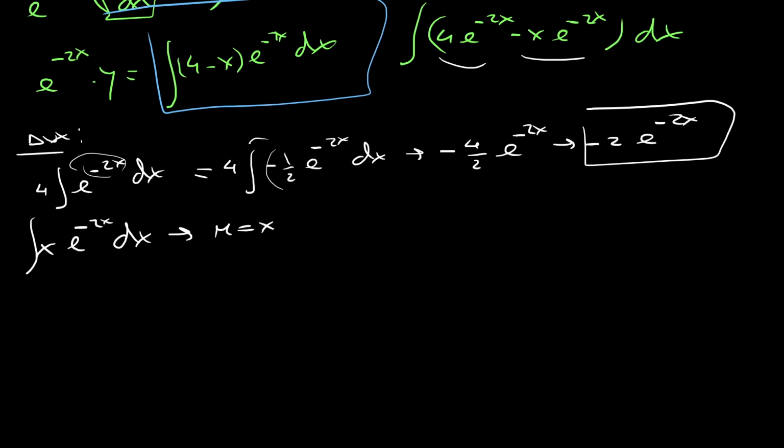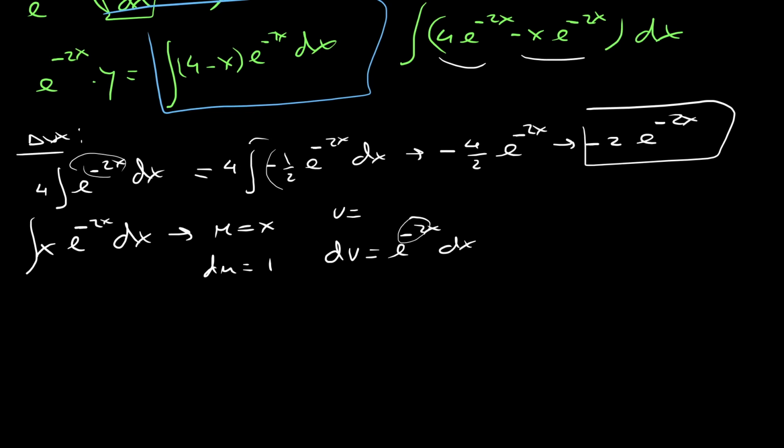So u is equal to x, du is equal to 1, dv is equal to e to the minus 2x dx, and v, remember what we did earlier on in this first expression. We are dividing this term to get 1.